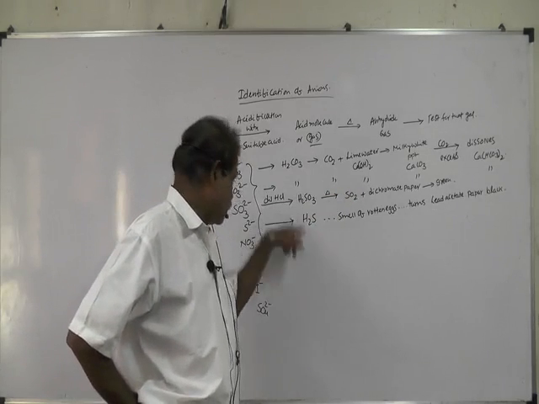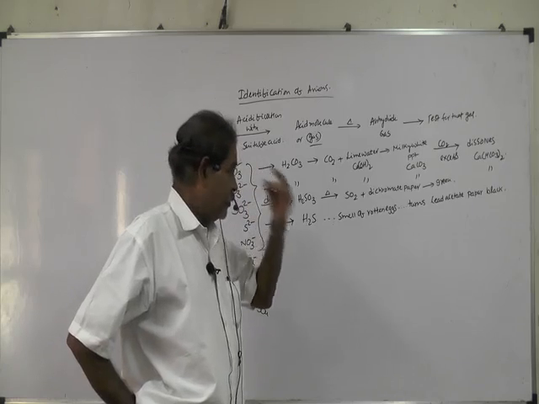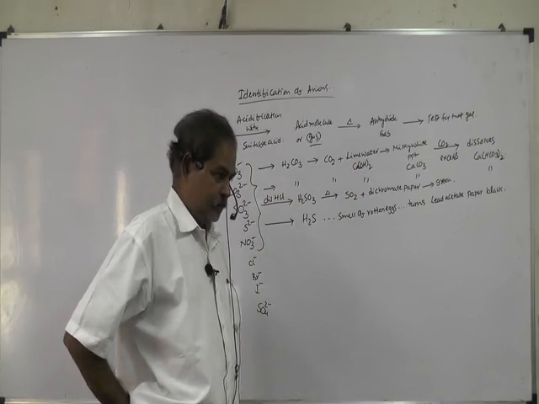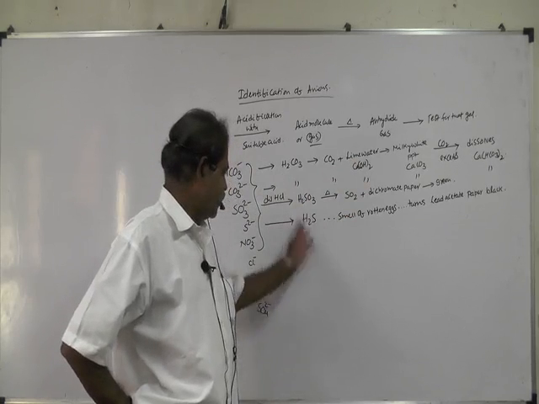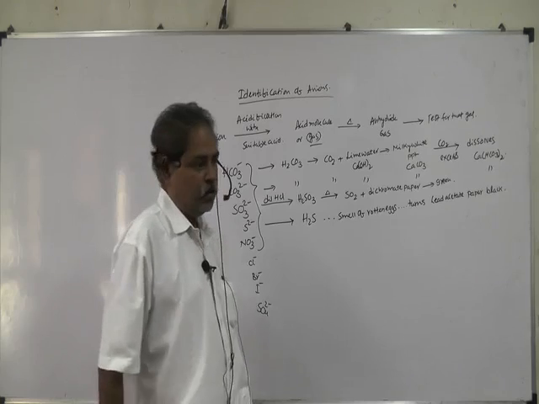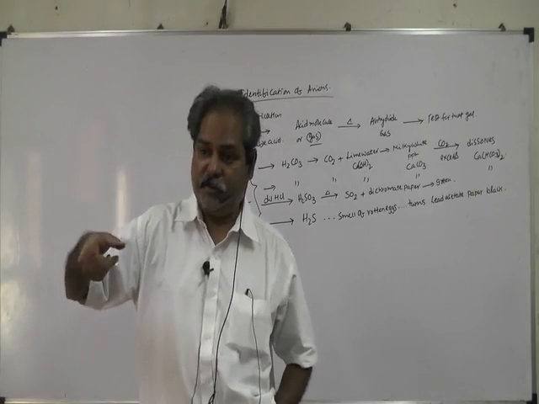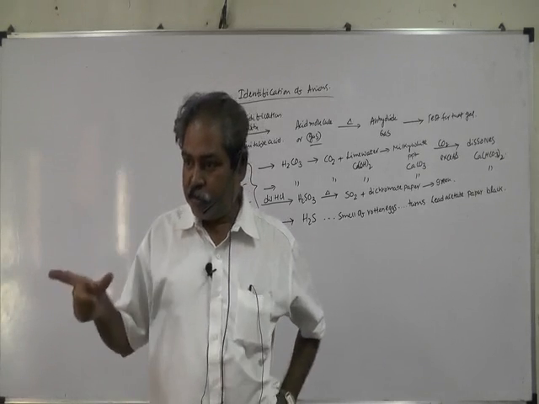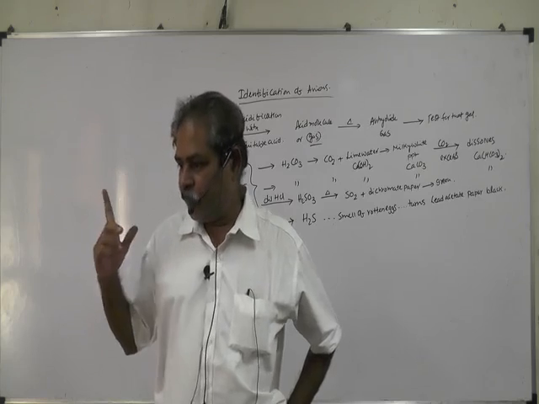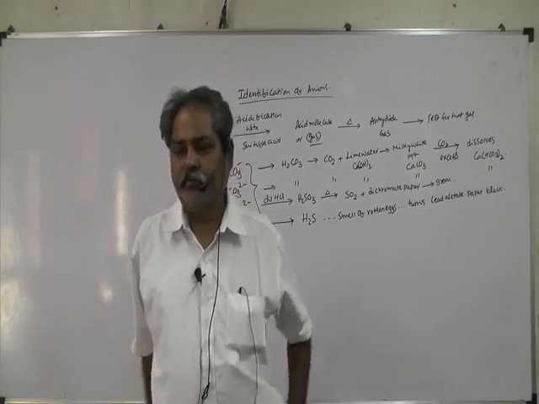For example, magnesium sulfide turns lead acetate black due to the formation of lead sulfide. Sodium sulfide, lead sulfide. So there are many, but all of them are solids, the only gas. So in qualitative analysis we have to take a unique reaction, a reaction given by that particular cation or anion only.